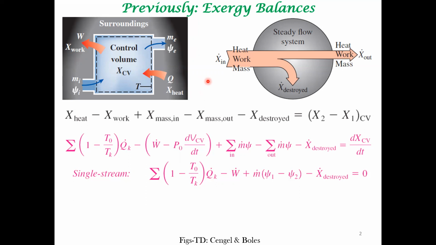Like entropy, exergy is not a conserved quantity. Therefore, when you try to write a balance equation, you have a term which is not present in, let's say, mass conservation or energy conservation. For exergy balance over a control volume, we have this kind of term, exergy destroyed.